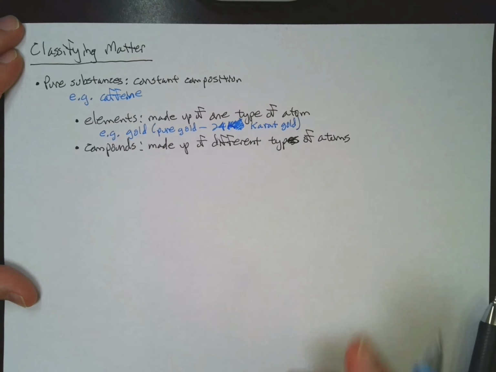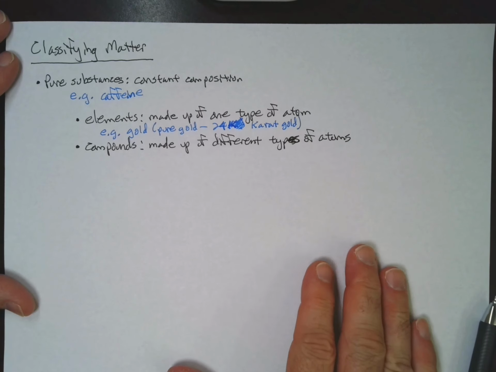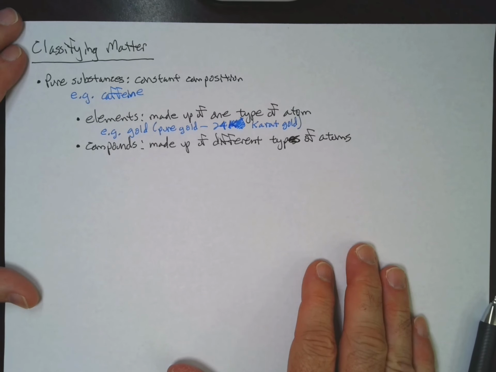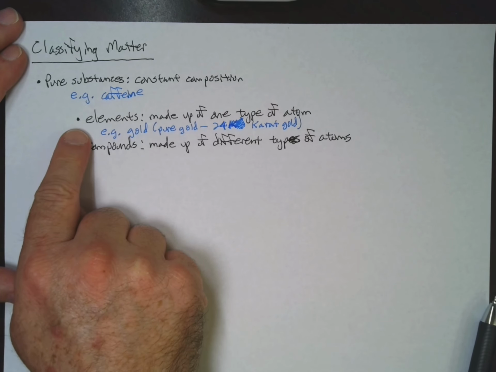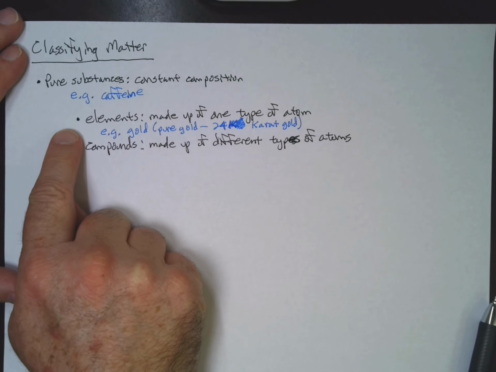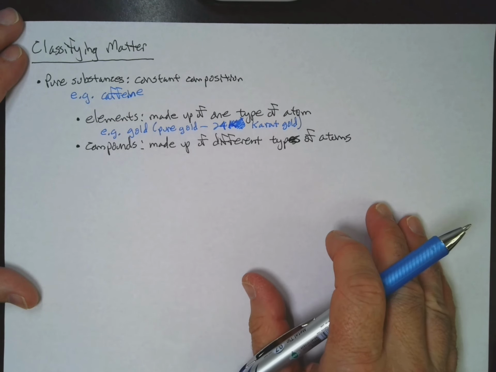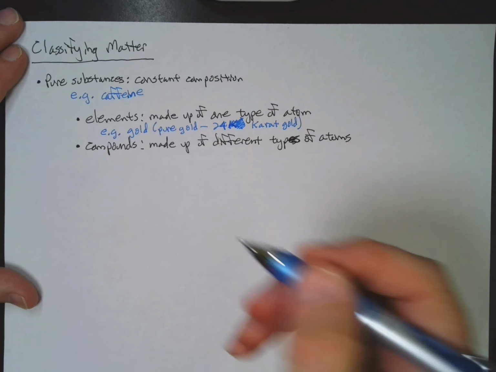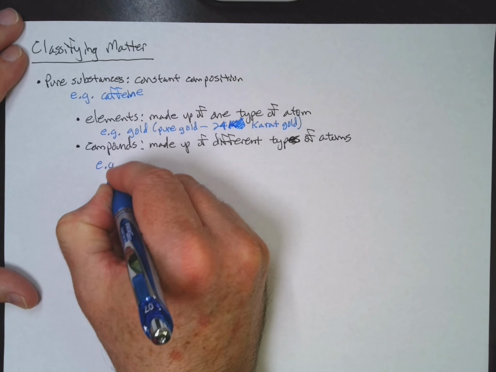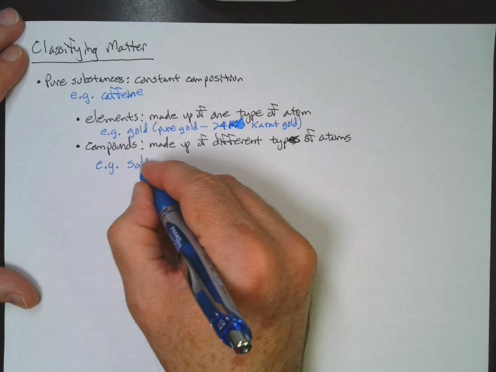If we have less than 24 karat gold, then that's not going to be an element because there's other stuff in there. And then a compound is made up of different types of atoms. So, for example, something like sodium chloride, or what we call salt.